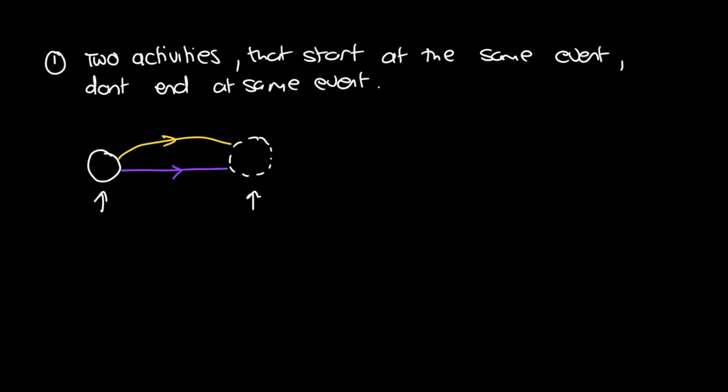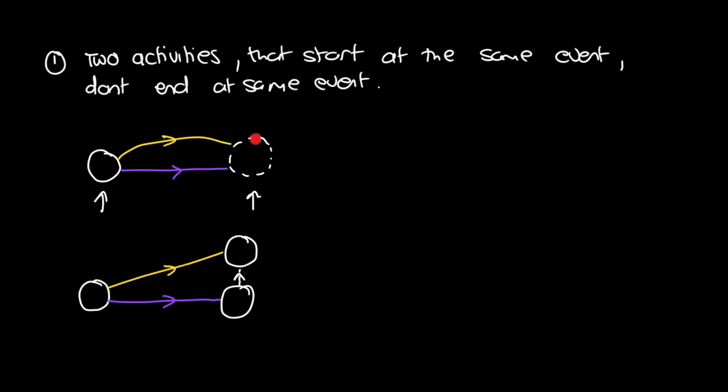So to prevent that, what we do is we still have them starting at the same event, but instead of having them ending at the same event, we create two end events. So instead of having the one where they combine together like that, we have two end events, and then we create a dummy activity between them to show that they are connected. So again, if we have them starting at the same event, we don't want them ending at the same event.